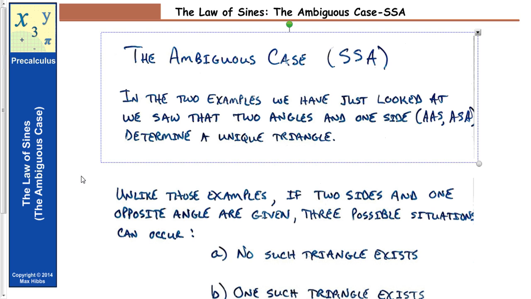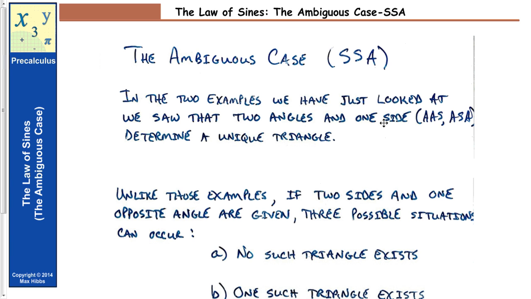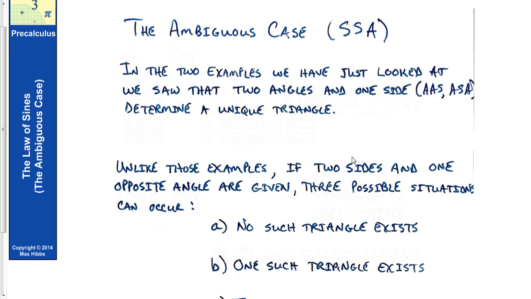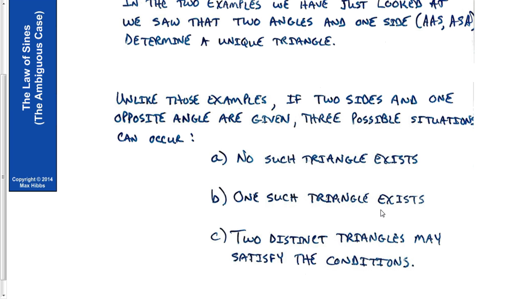I'm just repeating what I already said. When we're using the law of sines to calculate an angle, if two sides and one opposite angle are given, there are three possible situations.